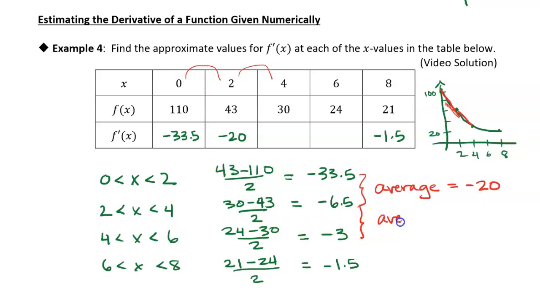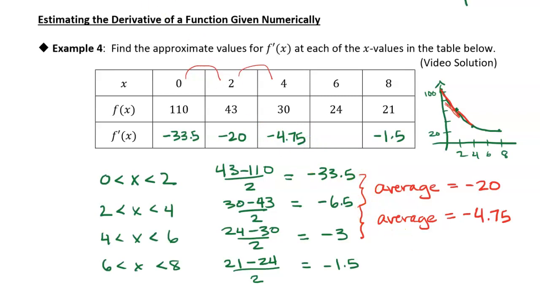If I take the average of negative 6.5 and negative 3, adding them together and dividing by 2, I get negative 4.75. So a better estimate for the slope at 4 is negative 4.75.